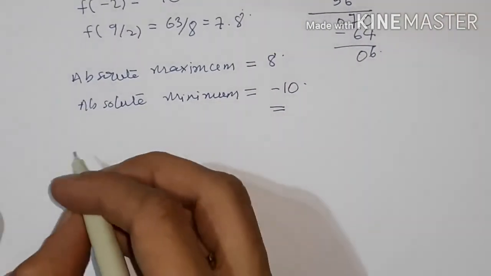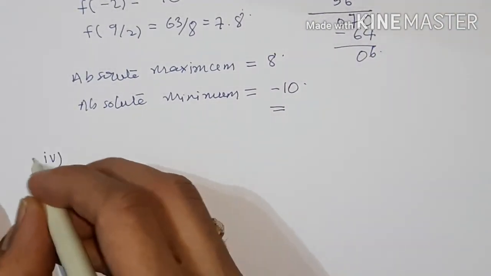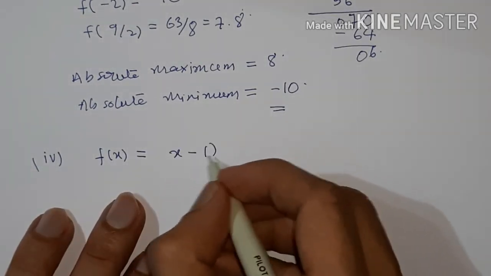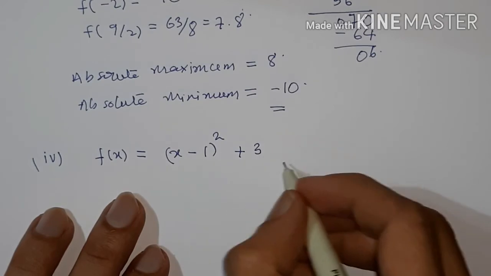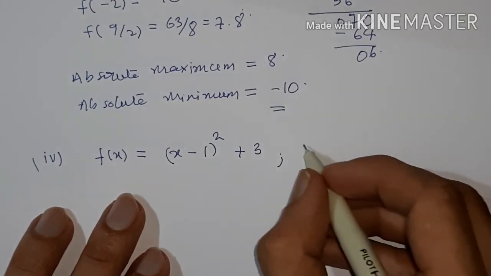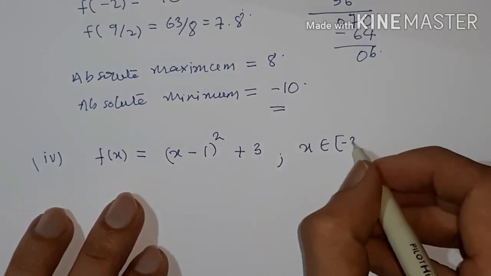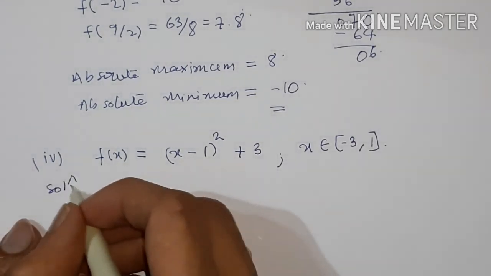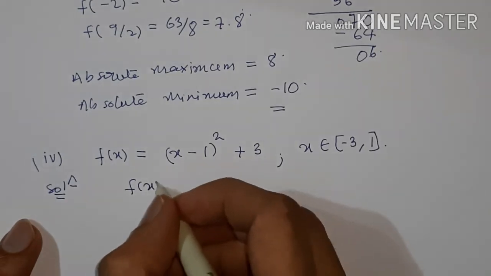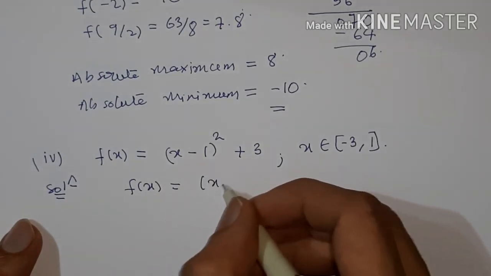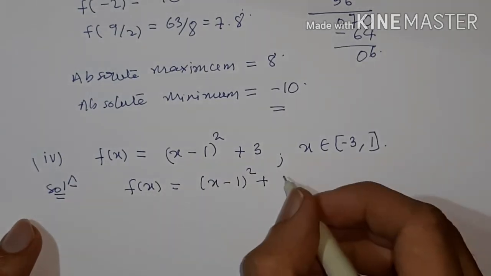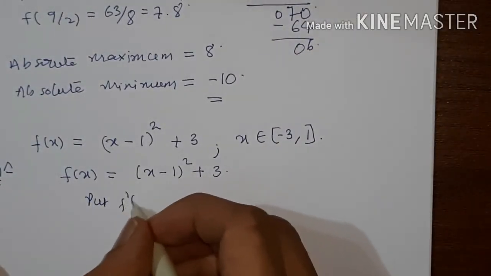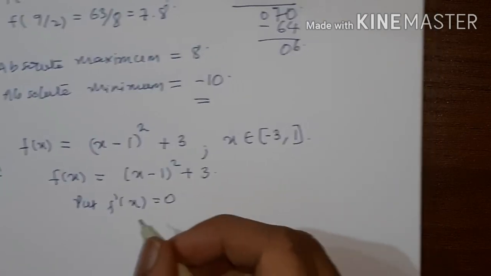Now let us go to the 4th. So f of x is what? x minus 1 the whole square plus 3. x belongs to minus 3 comma 1. Okay, so you are given what? f of x equal to x minus 1 the whole square plus 3. Now put f prime of x equal to 0.